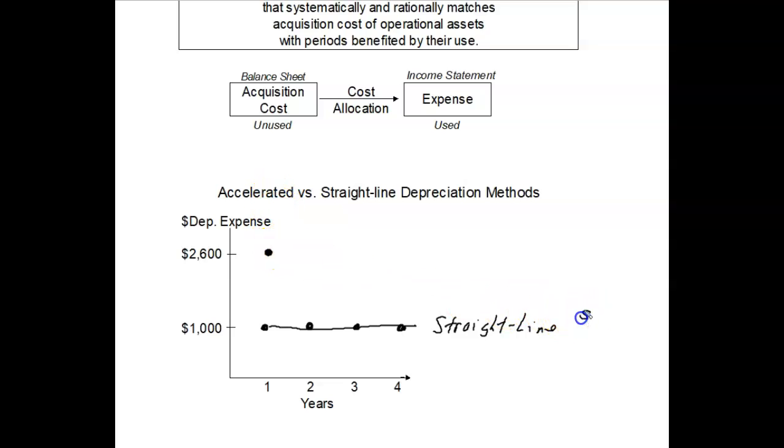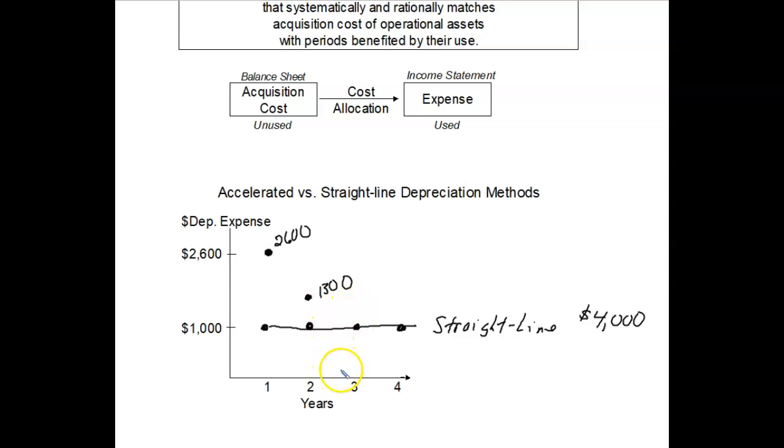So keep in mind, we accumulated $4,000 of depreciation using the straight line method over 4 years. If I accelerate it, I might have $2,600 the first year. And the second year, I might come in somewhere around $1,300. By the way, these are actual numbers if I used a method called double declining balance.